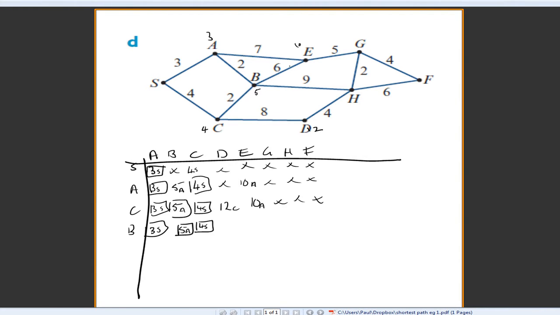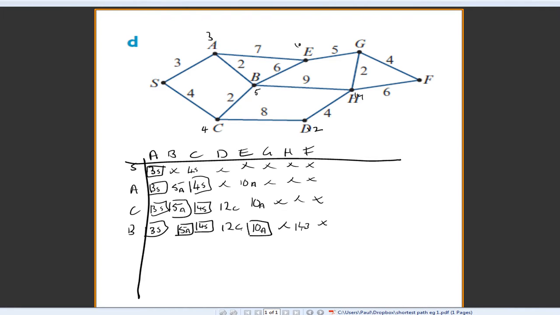So from B to E, it's currently 10. We would get 11 this way, so it's going to stay as 10. B also goes to H. That's 5 plus 9, which is 14. So that's an automatic winner. So 14 from B, cross, cross, that stays at 12.